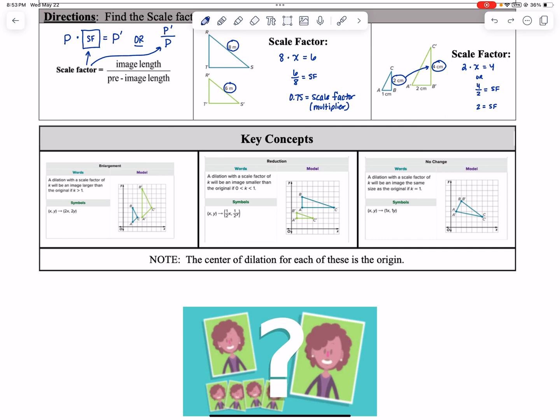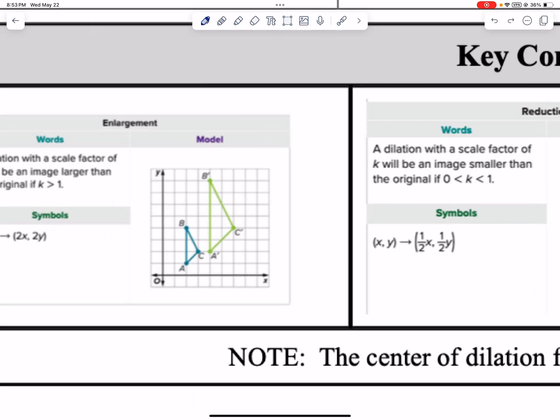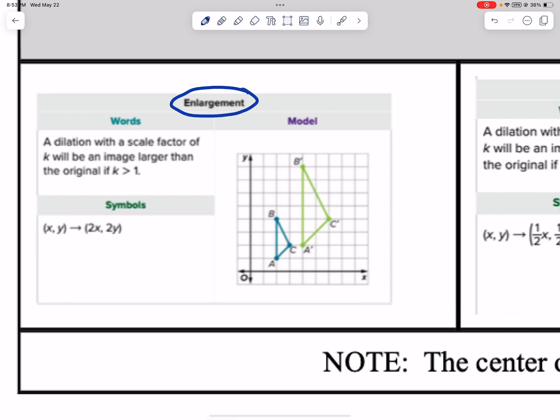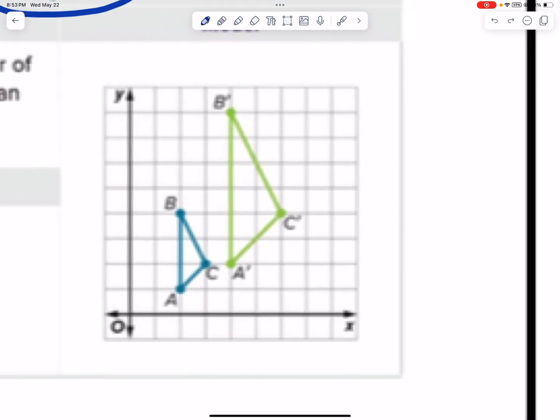As we get to this spot here, a couple things I want you to pay attention to. This is an enlargement. We're going from a pre-image to a larger new image. And I want you to be aware of how we would identify the scale factor. It's obviously getting bigger, so we know the scale factor is larger than 1. All we have to do is identify a side length.